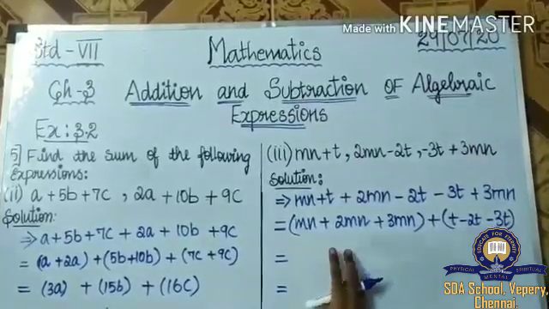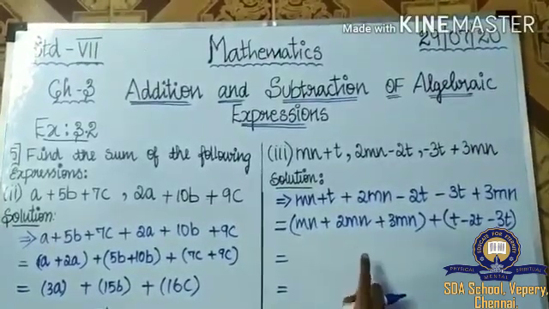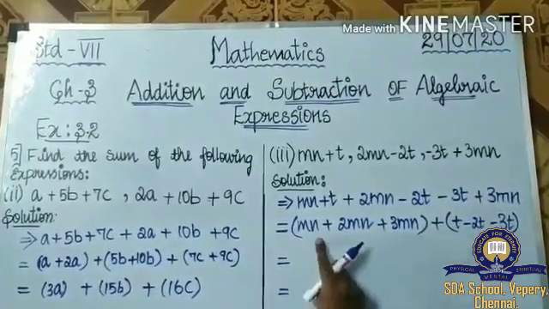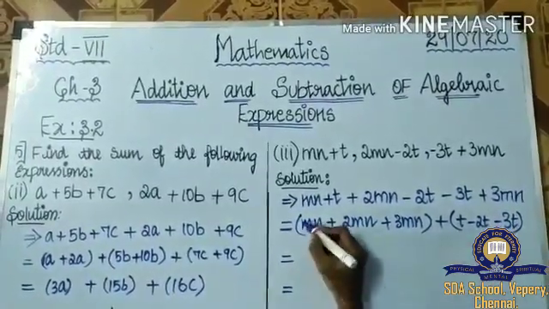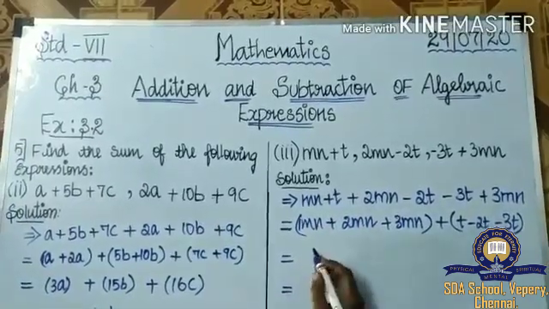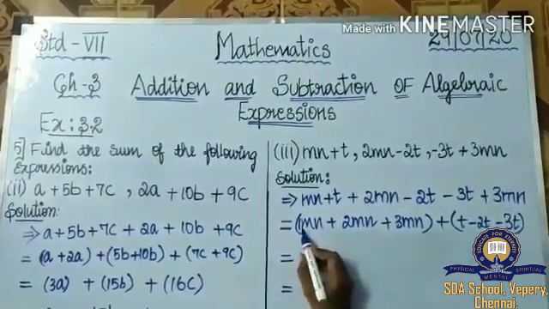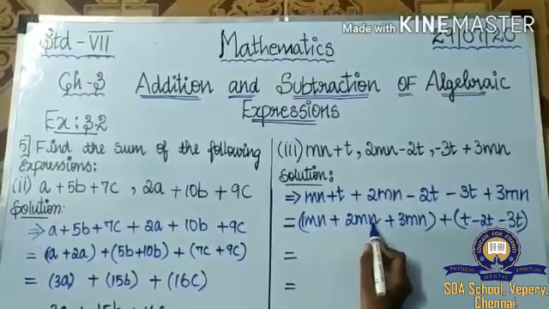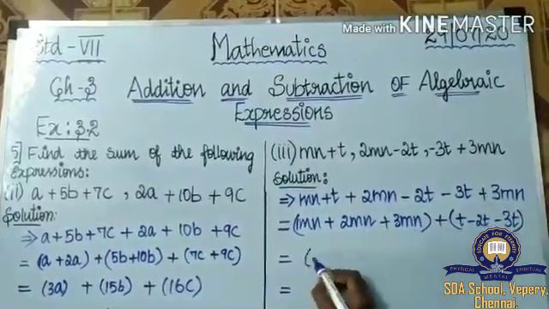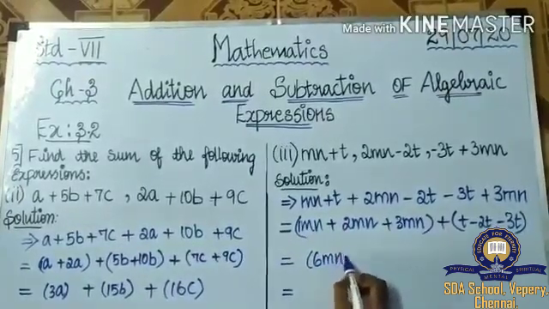Okay. And the next is we are going to add the terms. So first we will add mn term. mn is nothing but here we have 1. I already told in the previous sums itself. Okay. So 1mn plus 2mn we will get 3mn. 3mn plus 3mn we will get 6mn.